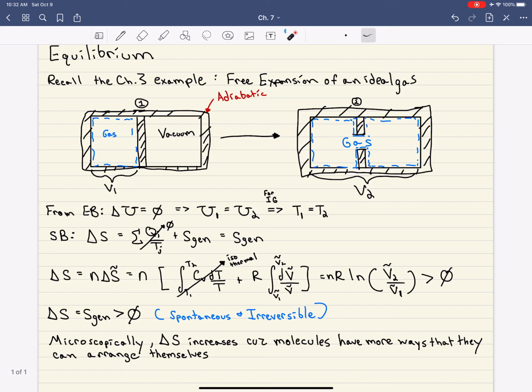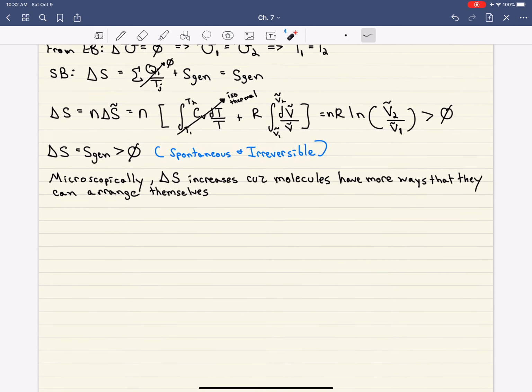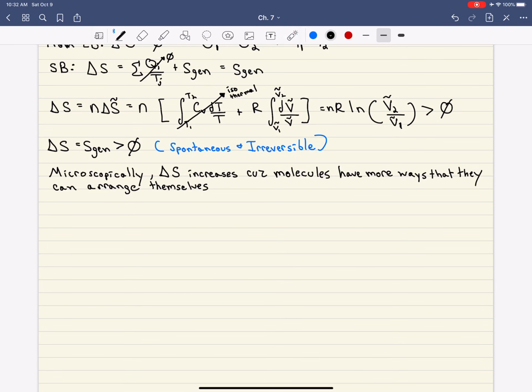So an individual gas molecule, before it expands, could only be here on the left-hand side. But after the wall is removed, a gas molecule could be here, or here, or here, here, here, here, here. It has more places that it could possibly be. And so that's why the delta S increases.